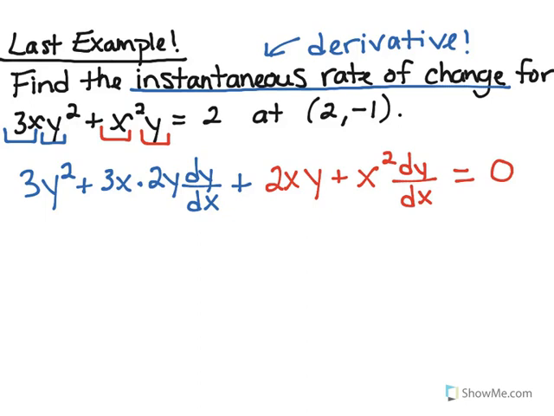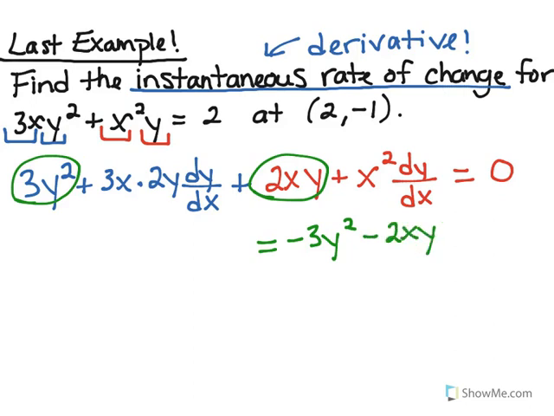So I'm going to do a couple simplifying steps all at once here. These terms are going to get moved to the other side because they don't have a dy/dx in it. So I'm going to have negative 3y squared minus 2xy. And then on the other side, I'm going to factor out the dy/dx.